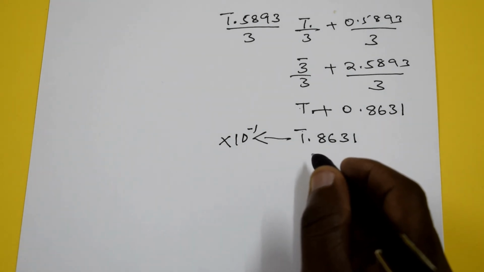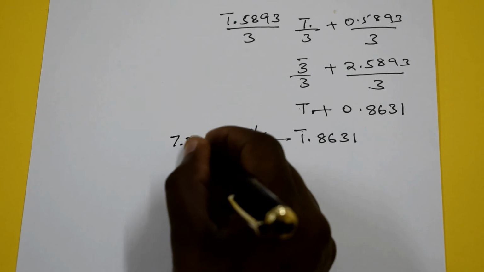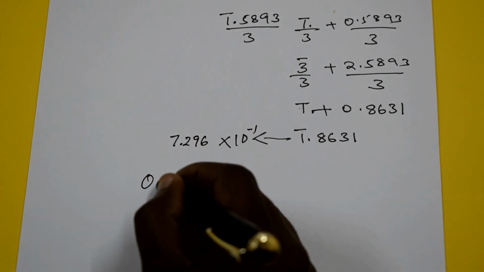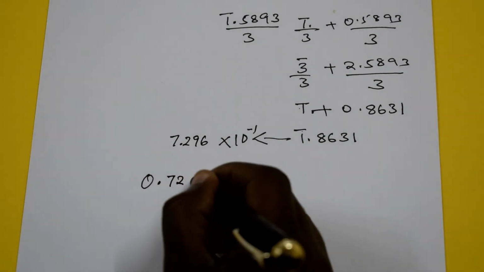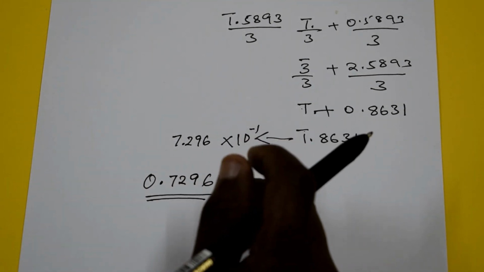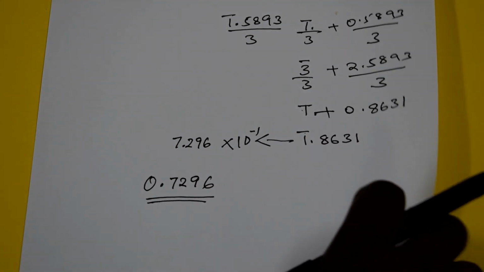From our mathematical table, we get 7.296, and the answer will be 0.7296. That's how we use logs to find that one.